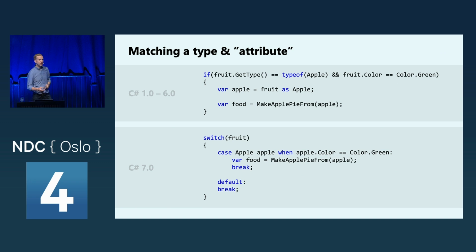The first thing is that we can use that type as the input to the switch. Inside the case, we can say if this is of my type that I'm looking for, I'm capturing this to a local variable. And I can then also use it as the concrete type without having to do any typecasting, which is quite powerful. But at the time that C# 7 came out, I didn't use this a lot.